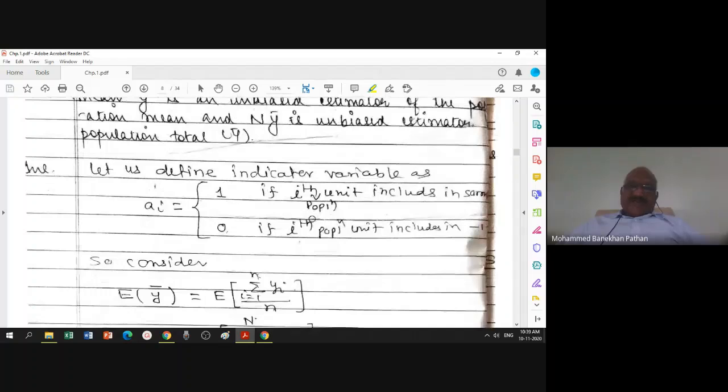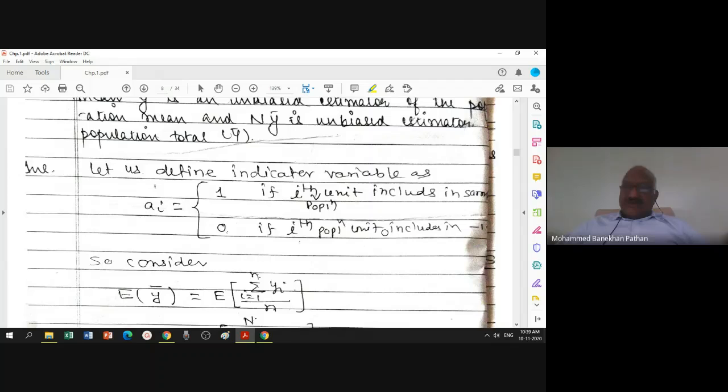Let us define an indicator variable: ai equals 1 if the ith population unit is included in the sample. This ai takes the value 0 if the ith population unit is not included in the sample.